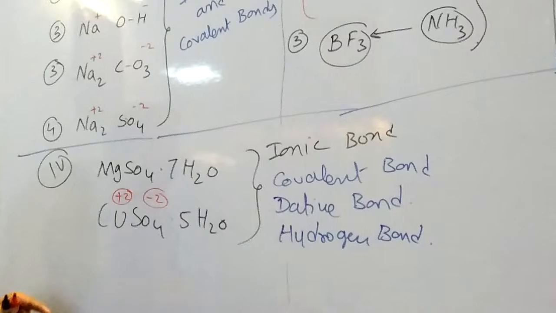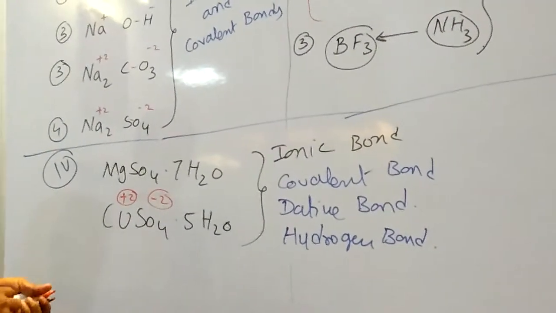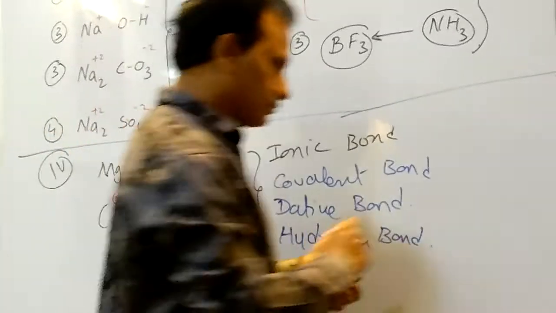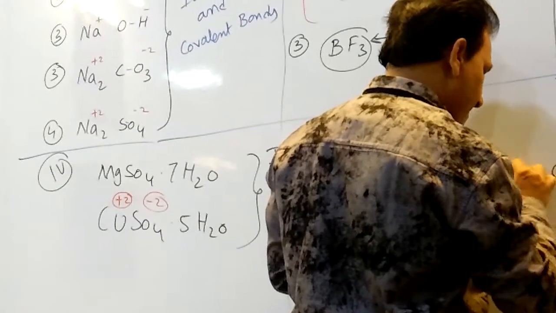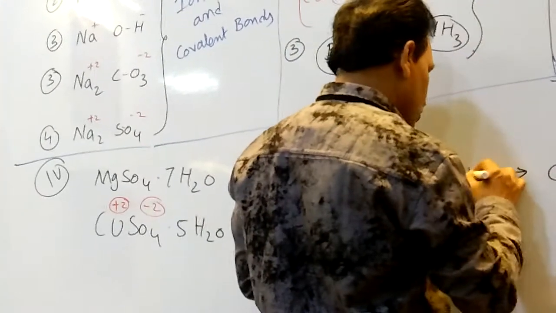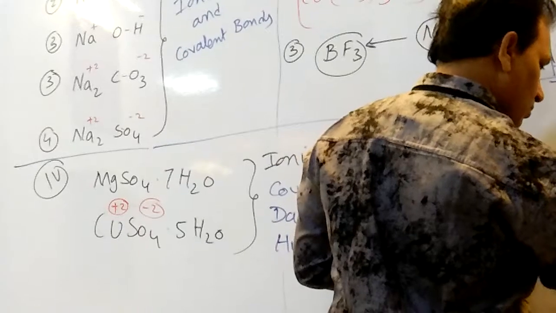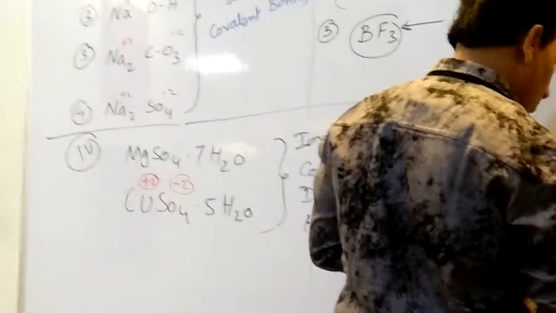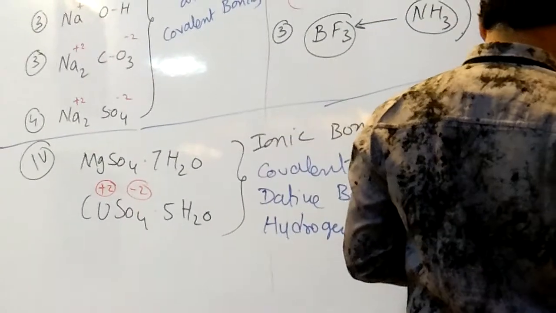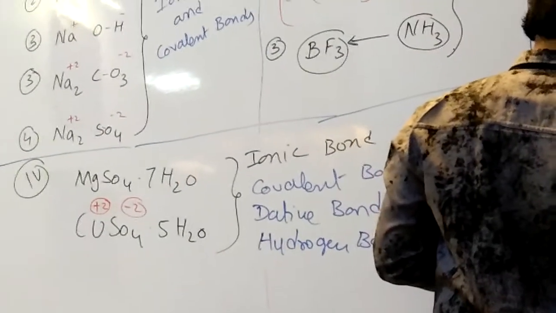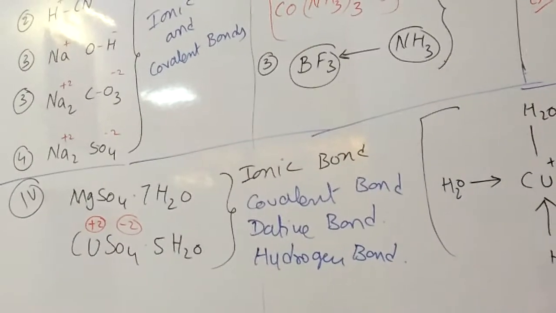Here only 4 H2O molecules are linked with copper, like this. This is very important. Cu with H2O, plus 2, SO4 minus 2, okay, and one H2O is present outside.